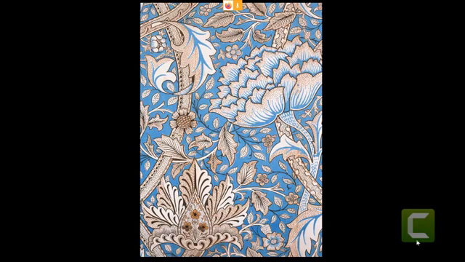It is a wallpaper design. And despite it being a pattern for a particular purpose, in other words, a wallpaper to help keep the wall clean and to keep it flat, it also has a lot of creative value.